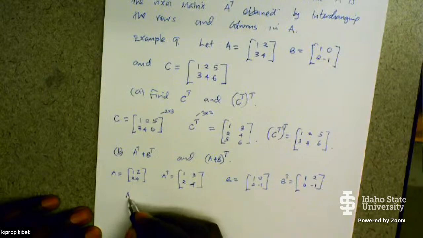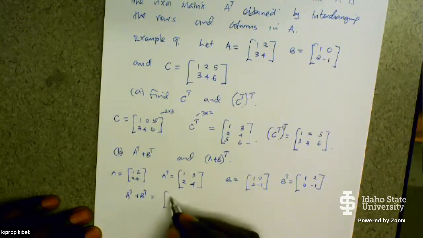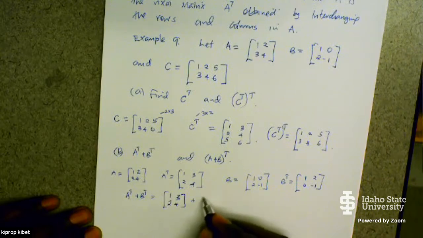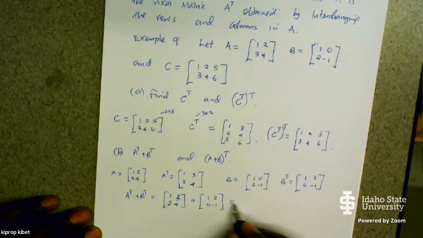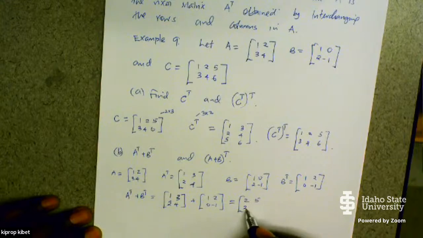So our A transpose plus B transpose will be [[1, 3], [2, 4]] plus [[1, 2], [0, -1]], which gives us [[2, 5], [2, 3]].